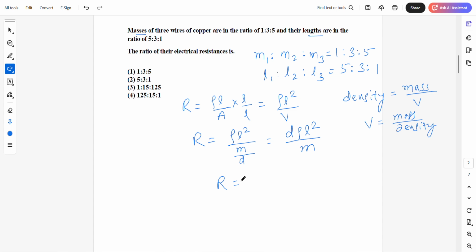Therefore I can write R is proportional to L square by M. Therefore here R1 is to R2 is to R3. If you remember this one, it is more than enough. This is the short trick. This you have to remember.